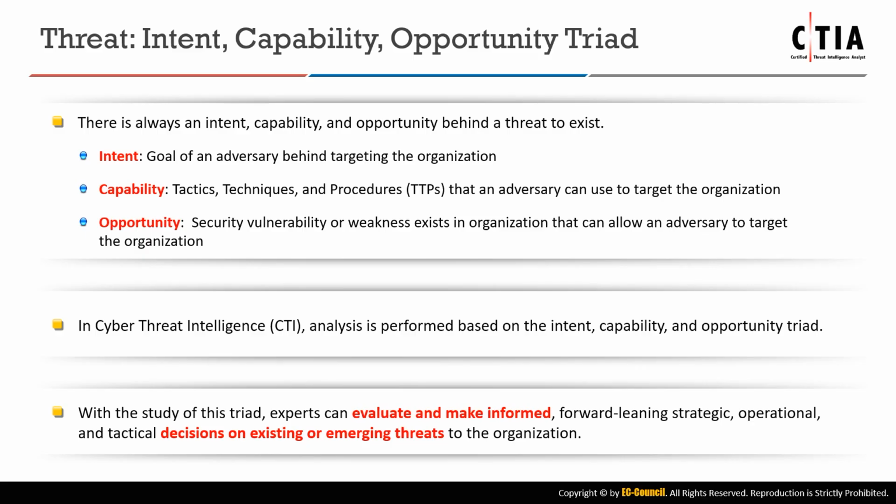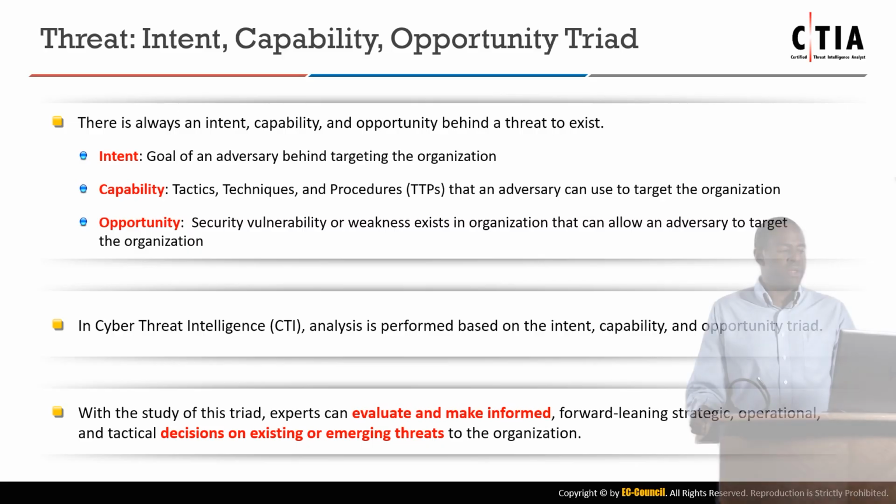So with the study of the triad, we can make informed, forward-leaning strategic, operational, and tactical decisions on existing or emerging threats. So we can keep our whole organization looking forward and meet these new threats with capability.